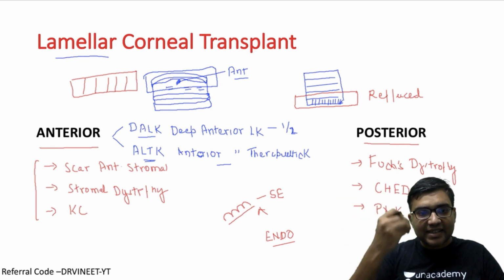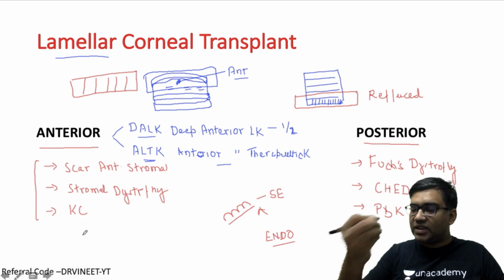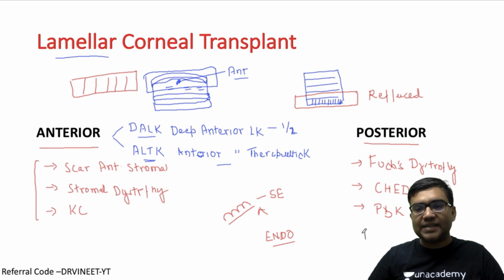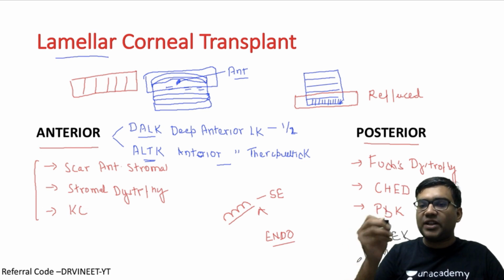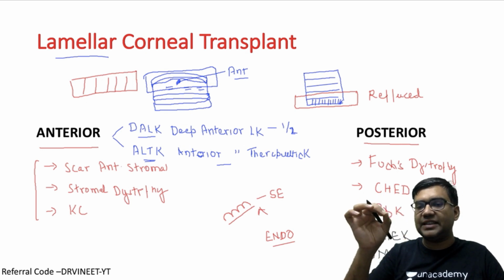And what are the various types? So these are, remember, two types. One is DSAEK, and the other one is DMEK. Okay, so DSAEK is Descemet stripping automated endothelial keratoplasty.